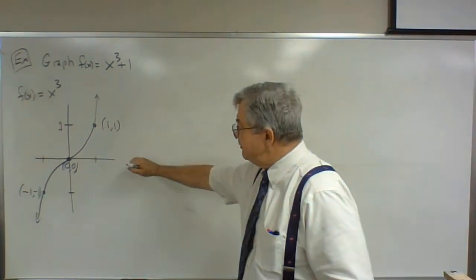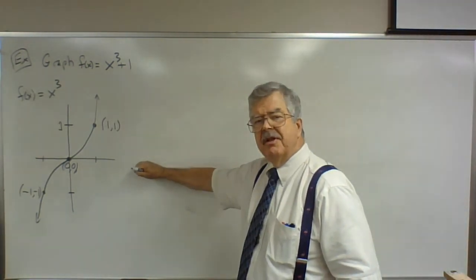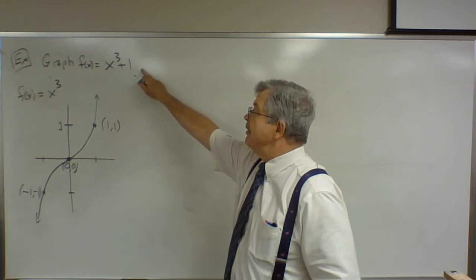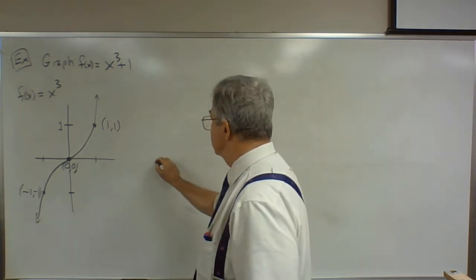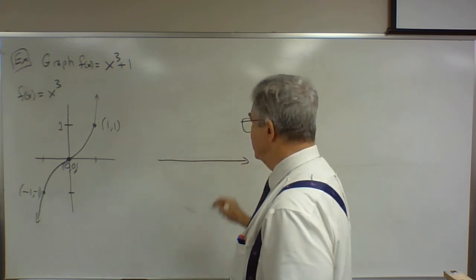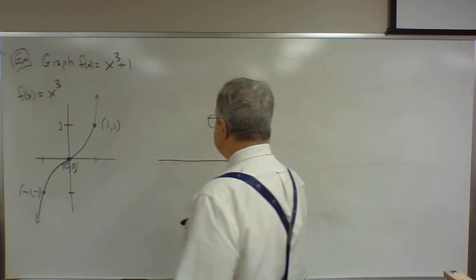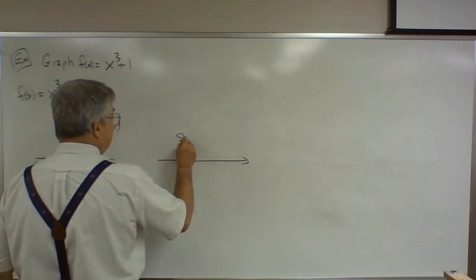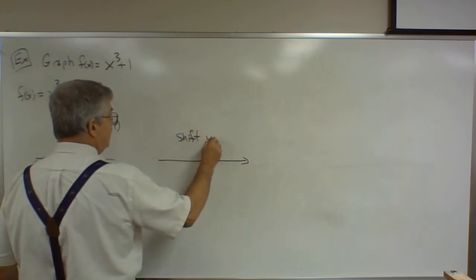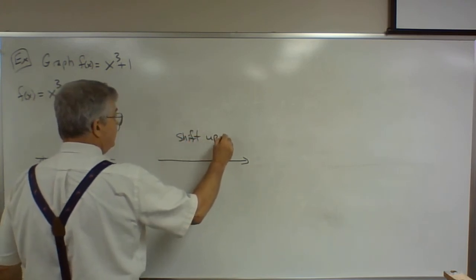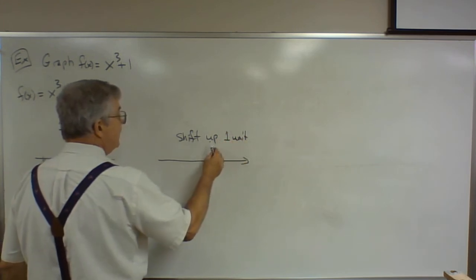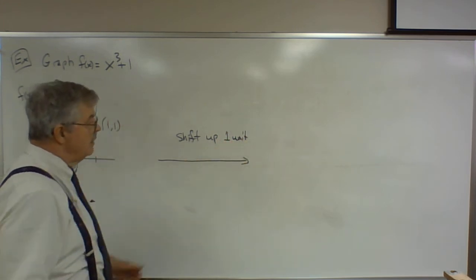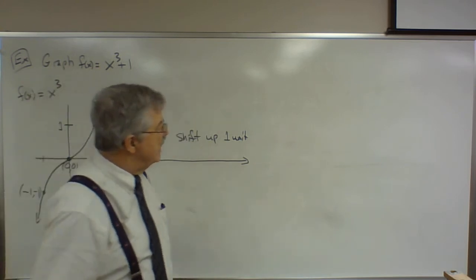And then based on what this graph looks like, we're going to draw the graph of f of x equals x cubed plus 1. And what we're going to do is shift up, or shift vertically, 1 unit in the positive direction.